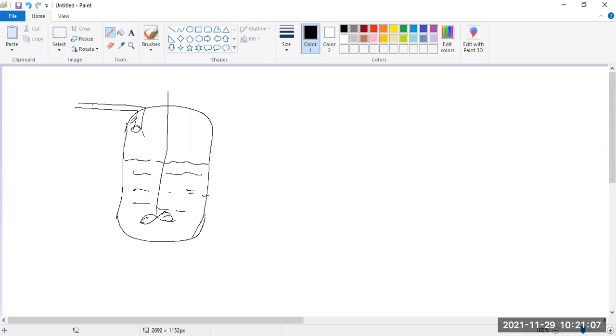Here is the input channel, and it is controlled by a valve. Here is the output channel, which is also controlled by a valve.